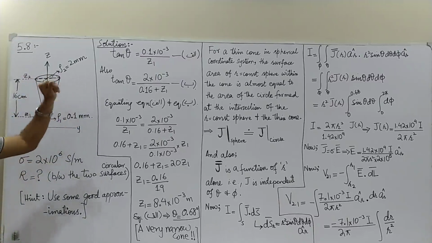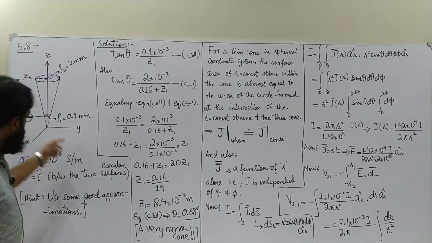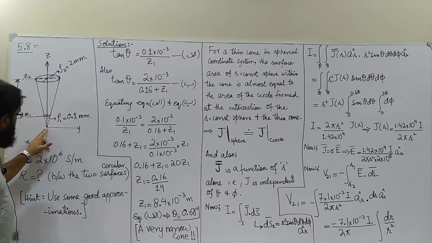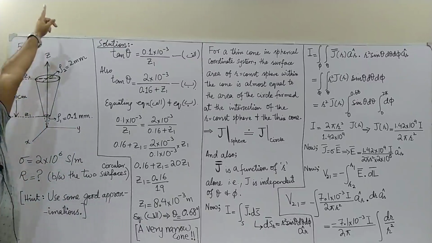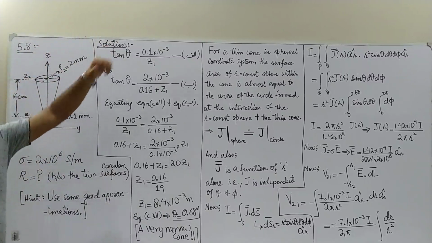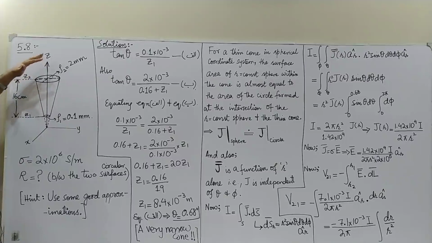We know that theta equals constant in the spherical coordinate system is an infinite cone which starts from the origin, z equals 0, and goes up till z equals infinity. So theta equals constant is definitely an infinite cone. Truncated means that it has been made finite by cutting from the top, or from the top and bottom.